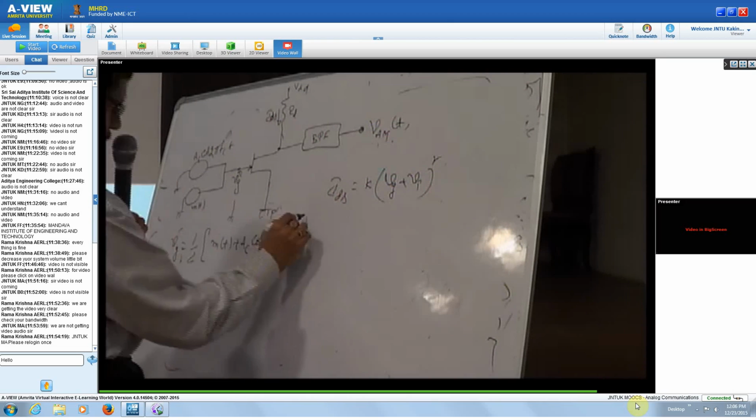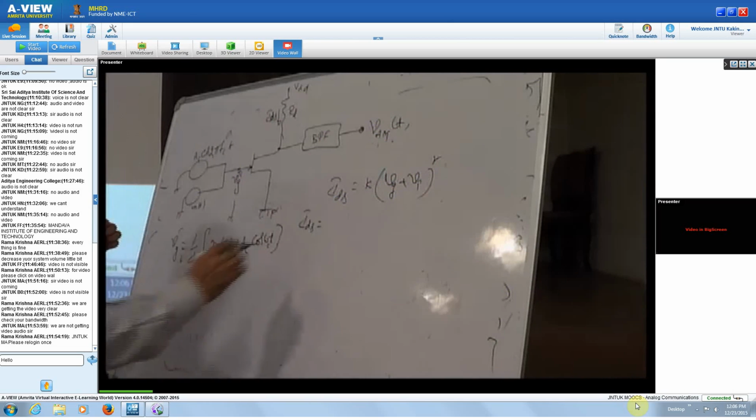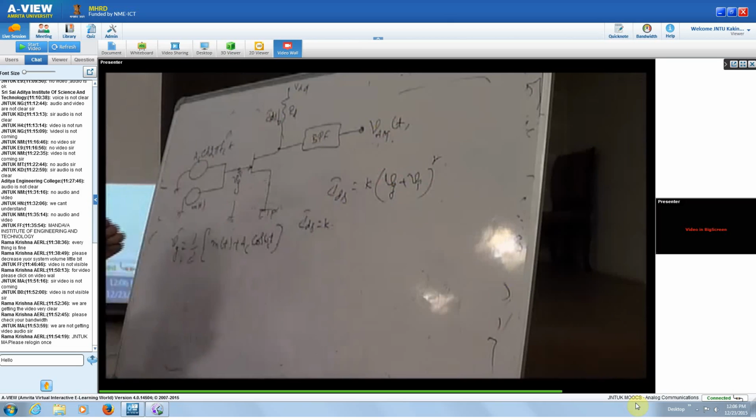Therefore, what will be IDS? It is K into, the proportionality constant for your FET characteristics.